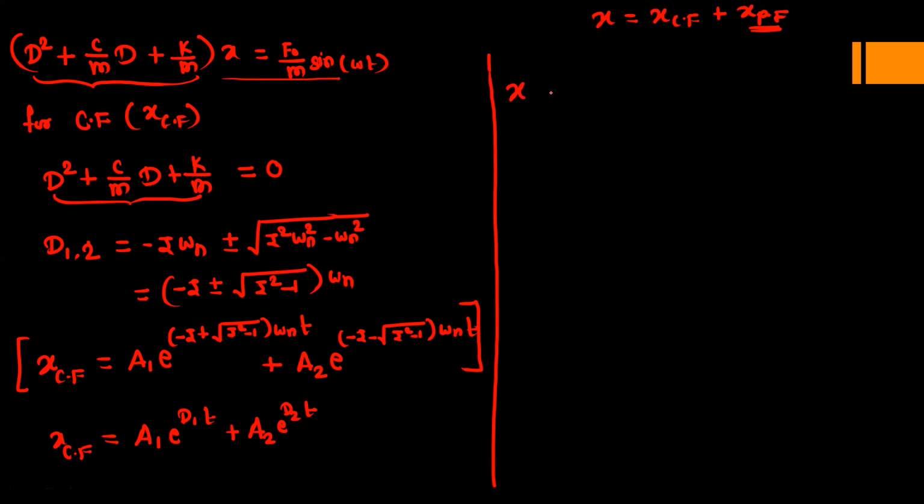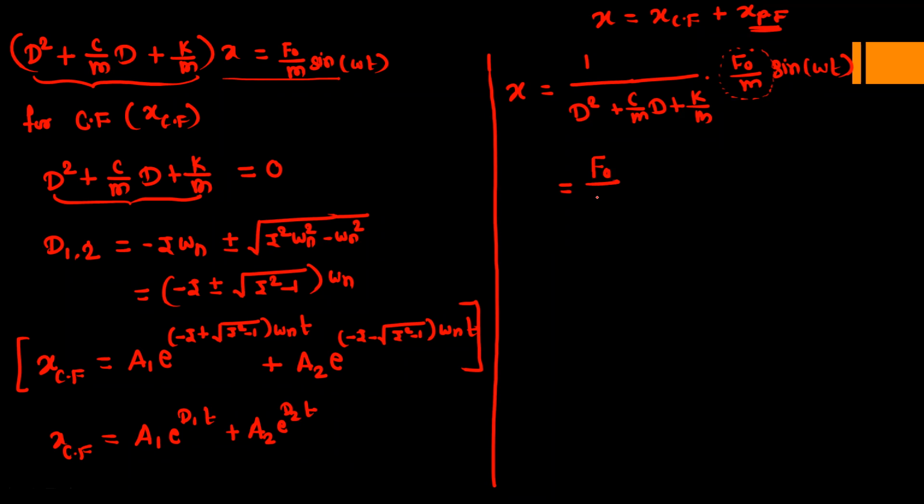So x is equal to, taking the left hand side to the right side, 1 upon D square plus c upon m into D plus k upon m, into F0 upon m sine omega t. Now this term F0 upon m is a constant value.